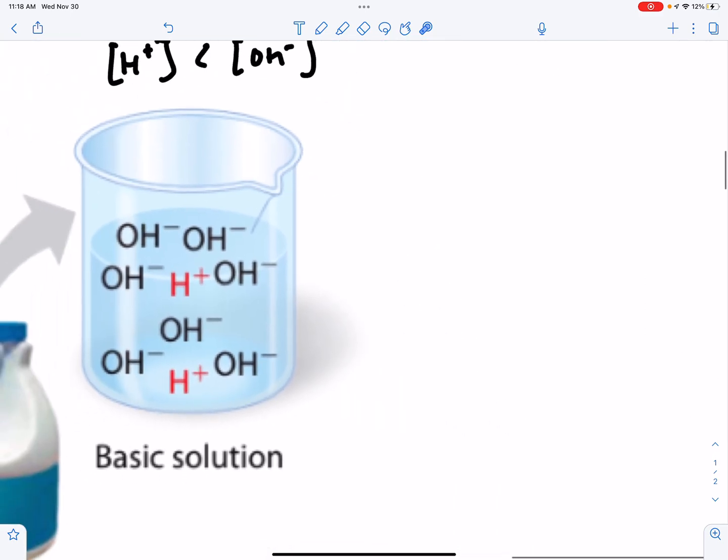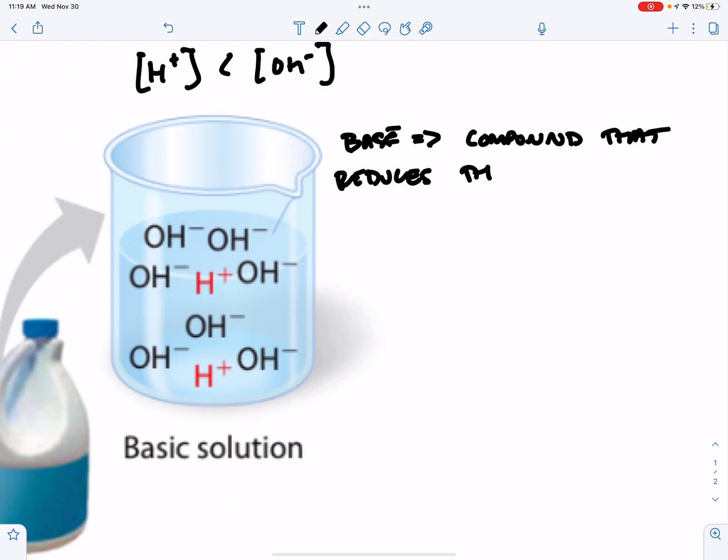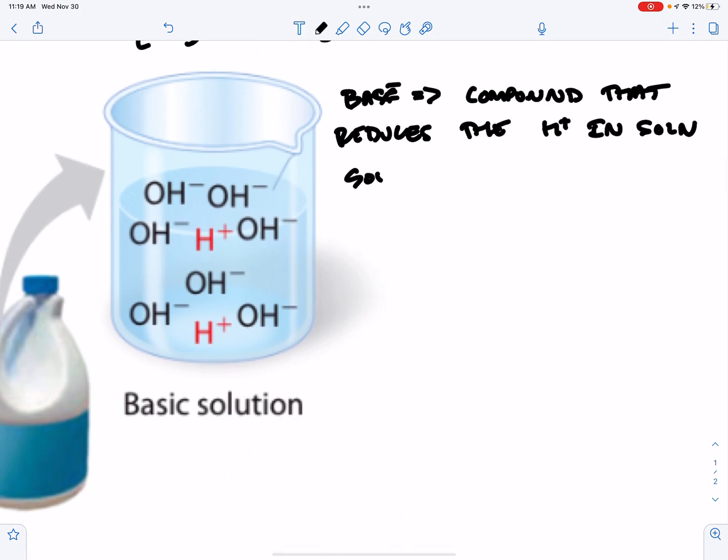Okay, a basic solution. A base is a compound that reduces the H plus in solution. So, for example, sodium hydroxide.